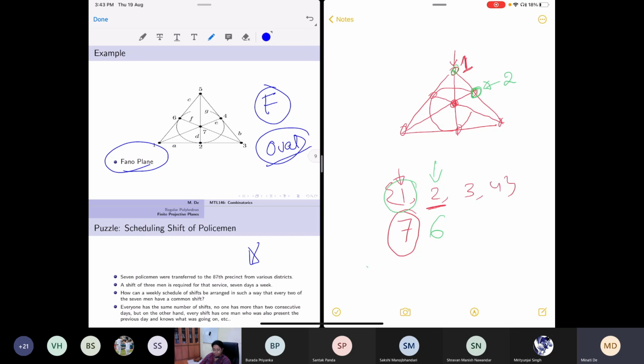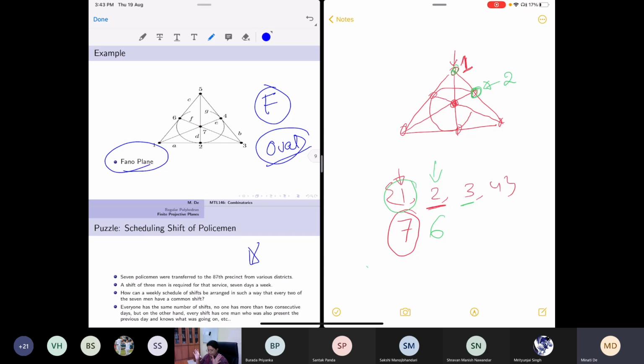So how about the third one? For the third vertex, which of the vertices are eligible to be in this oval? How many vertices are eligible for this position? 4, right? You can see I have exactly one line passing through these vertices 1 and 2.